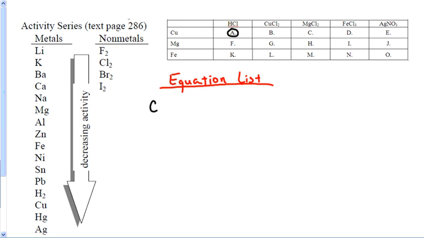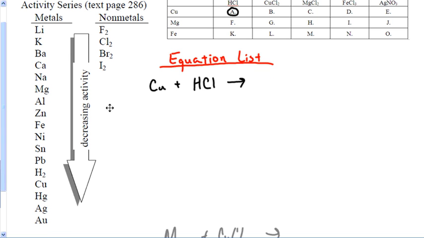So our first reaction, you took copper and you tried to react that with hydrochloric acid. Will that react? Well, I've given you what's known as an activity series over here. And the general idea, this is very easy.